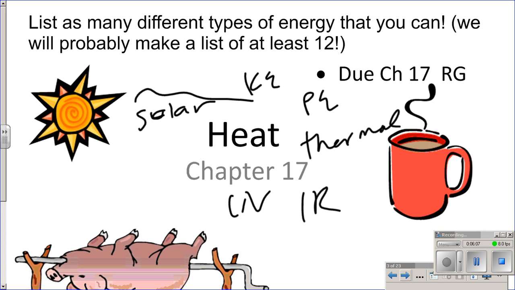UV energy, okay, which is from the sun. Gamma, okay. Radio. Microwaves. Okay, geothermal, hydro, you can go on and on, right?